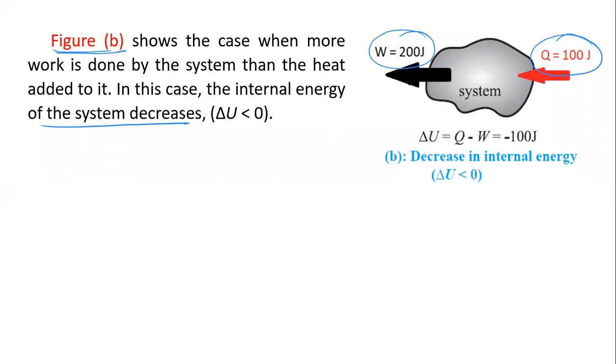So the change in internal energy is Q minus W, 100 minus 200, which is minus 100 joule. The change in internal energy is negative, so the internal energy decreases. The system may be a gas container, it may be a gas.